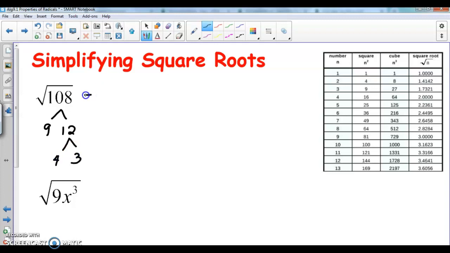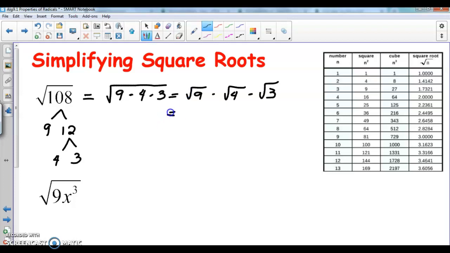So that means square root of 108 is actually the same as the square root of 9 times 4 times 3. But according to the product of radicals rule, we can actually split that into square root of 9 times square root of 4 times square root of 3.